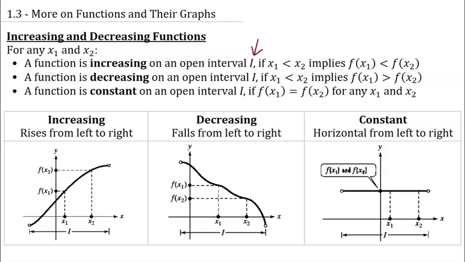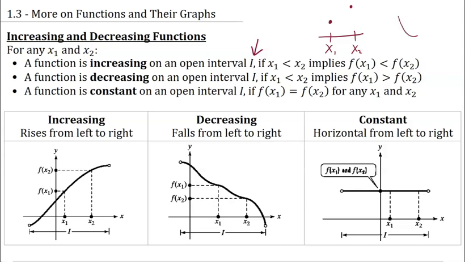Or in other words, we'll call this x1, x2. So for any 2 points on that interval, if I have a point x1 that's to the left of x2, the value of the function at x1 is lower than the one on the right. So the left point is lower than the right point. That does have to be true for any 2 points.